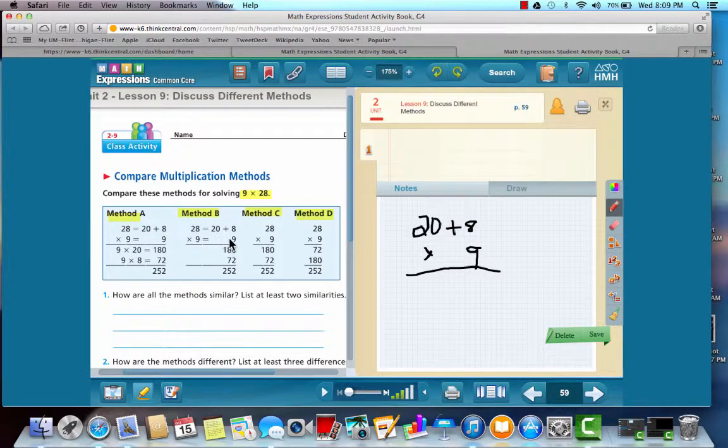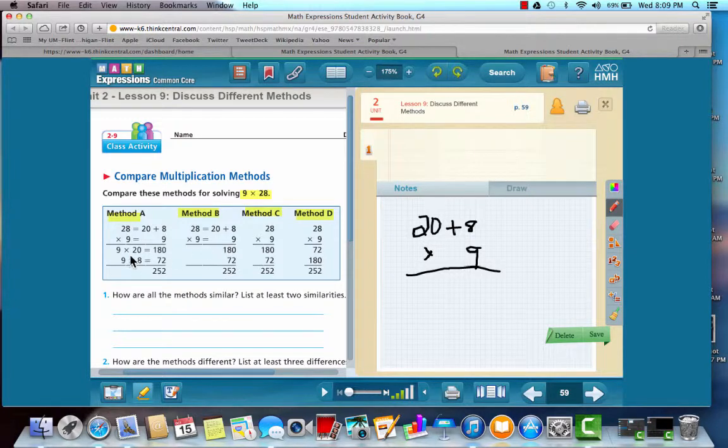So again, you're multiplying the tens place, 9 times 20, and you get 180, and then you're multiplying 9 times 8 and getting 72. And again, adding these two partial products together, you will get 252.